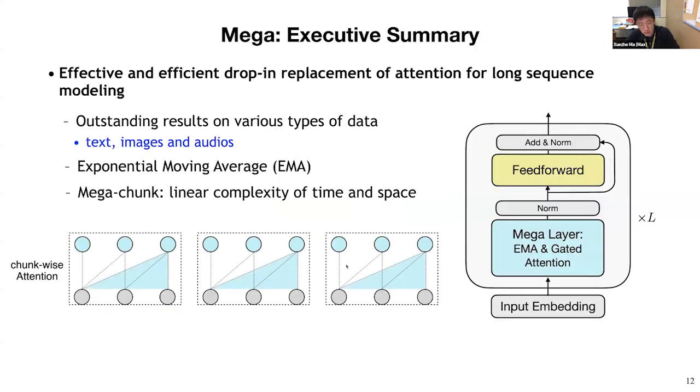So the basic idea behind our first version of the Mega architecture is that if we can build an efficient component which serves as a connector for the chunk-wise attention, so that we can reconnect the boundaries between the chunks, then we can recover the lost long dependencies in chunk-wise attention, but still keep the advantage of efficiency of the chunk-wise attention.